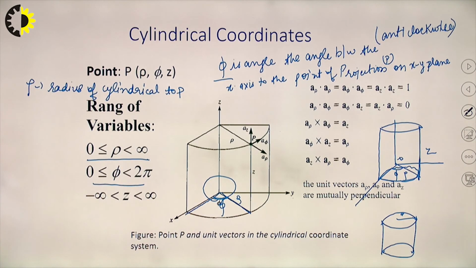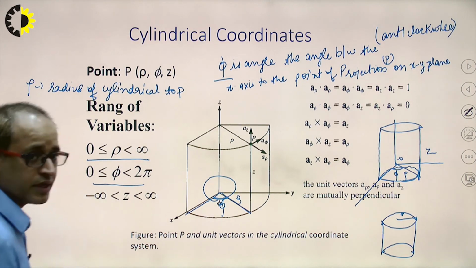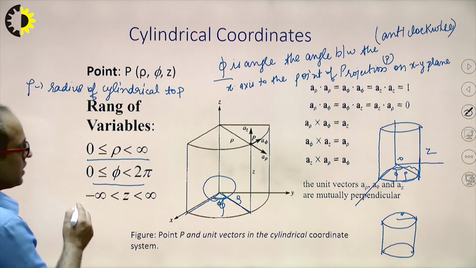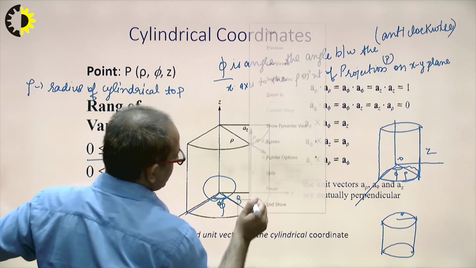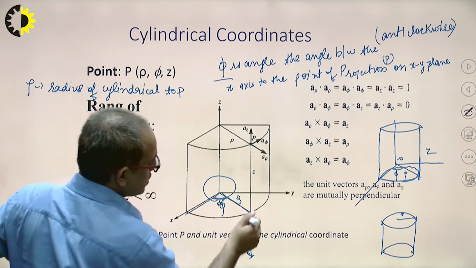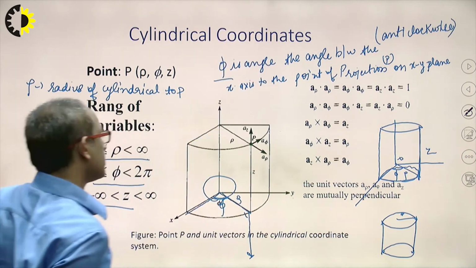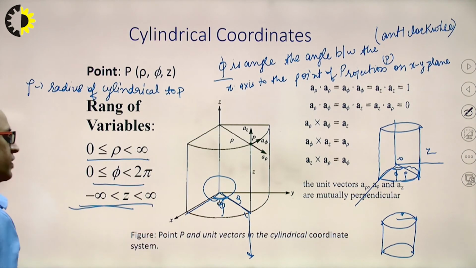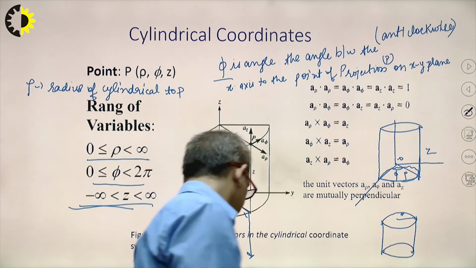It will never be negative. And z, where can z range from? It can move in this direction and it can move in the upward direction. So z ranges from minus infinity to infinity.